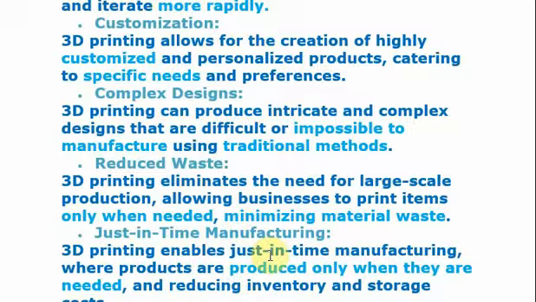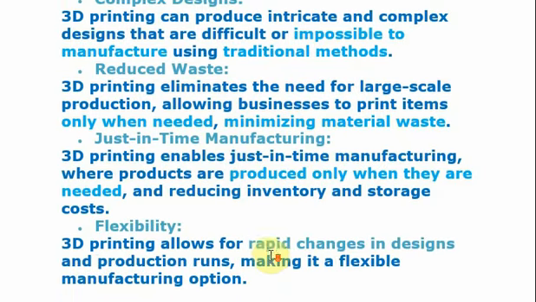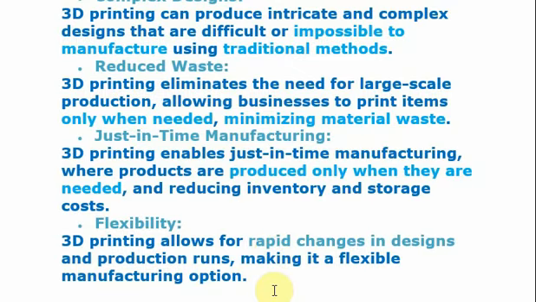Just in time manufacturing, right? Produce only when they are needed, so no need to have big storage. Now traditional manufacturing, that is not possible. We need to store and keep. Flexibility there: traditional manufacturing can't adapt to rapid change. But here, for any rapid changes, just by changing the design, you can feed it to the 3D printer and print it.